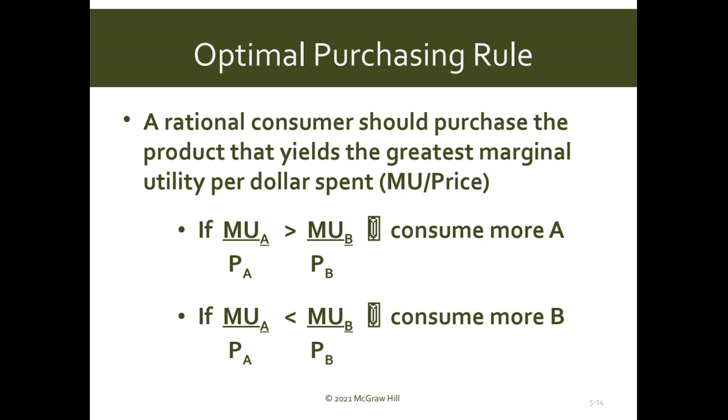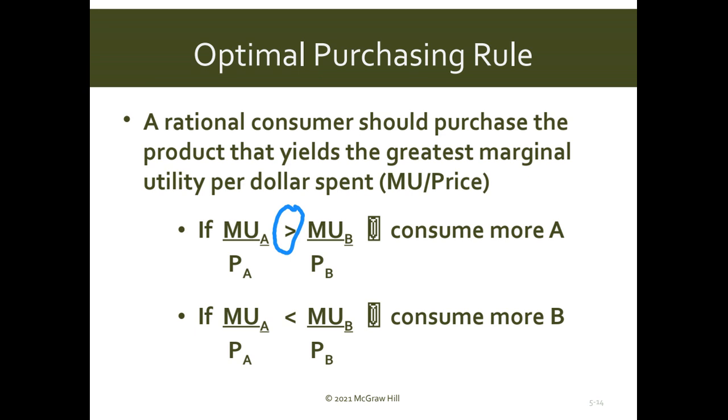If this MUA over PA is greater than MUB over PB, what does this mean? It means that the dollar that you spend on product A will give you higher utility compared to B. Basically, when you divide marginal utility by price, it tells you the additional utility that you're deriving, not by consuming one additional unit, but by spending one additional dollar on that product.